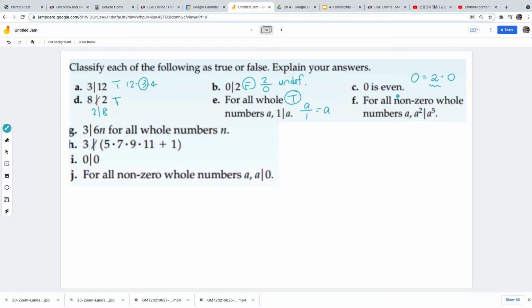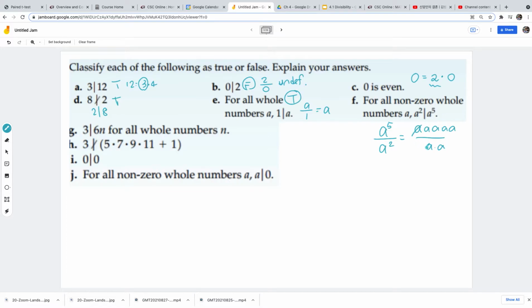How about F? For all non-zero whole numbers A, A squared divides A to the fifth. So that means A to the fifth is divisible by A squared, right? A to the fifth means A times A times A times A times A, over A times A. So what do you see?